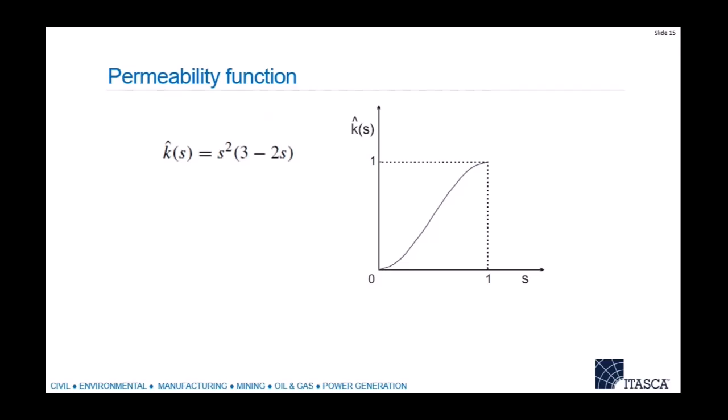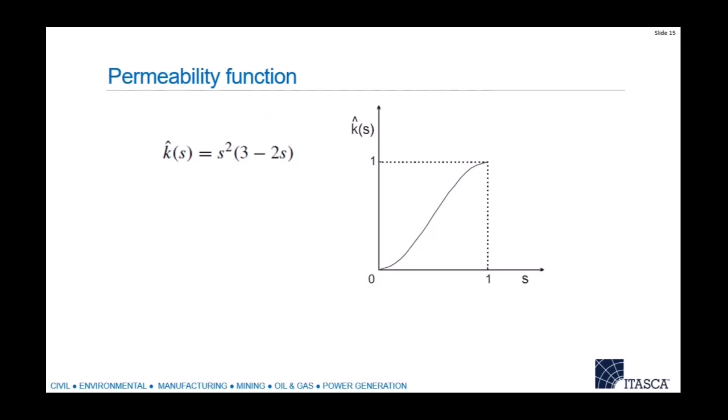This is the permeability function. In FLAC2D, pressures and saturations are kept track of at the grid points. The zones are something presumably covered yesterday. So what happens is you generate a sort of average saturation for the zone by looking at all connected grid points. And then you adjust the mobility coefficient, or permeability, or whatever you want to call it, of the zone if it's not fully saturated on average by this function.